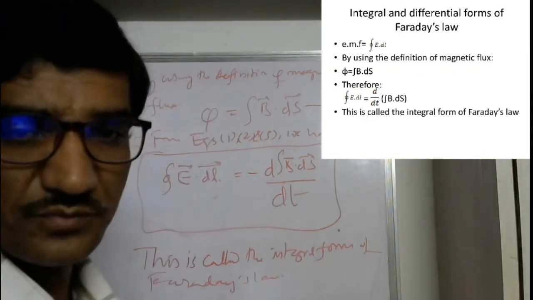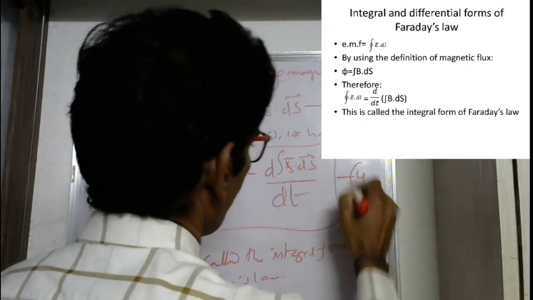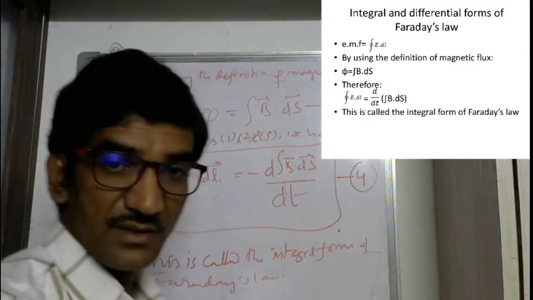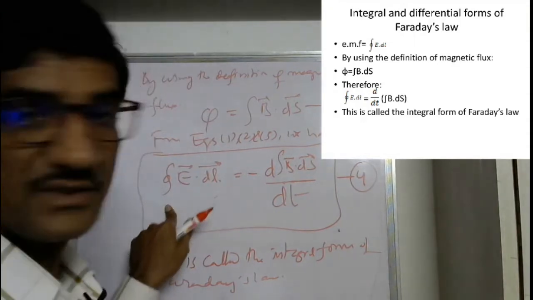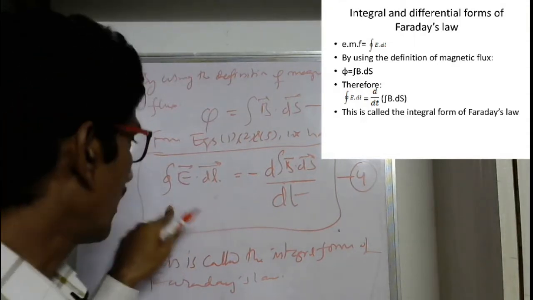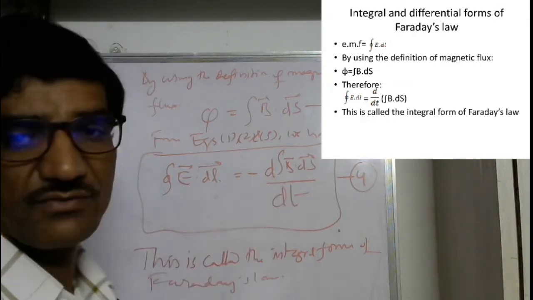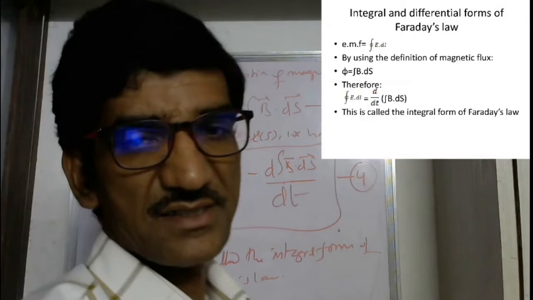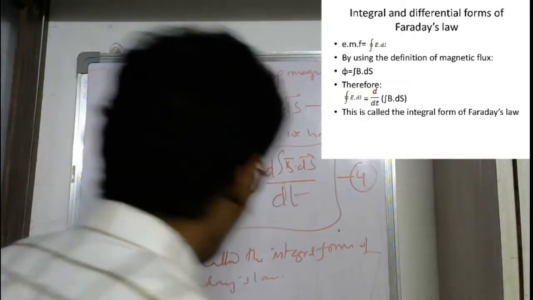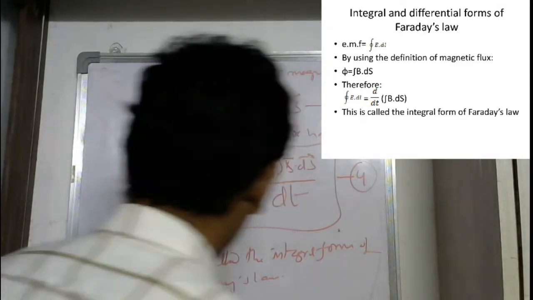Give it the number 4. What is the integral form? The transformed basic Faraday's law: integral E dot dl is equal to minus d by dt of integral B dot ds. Now let us go for the differential form.